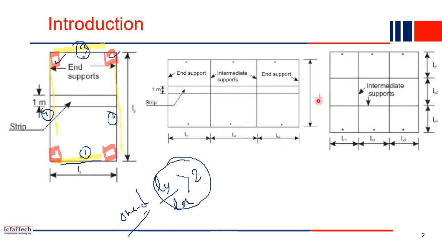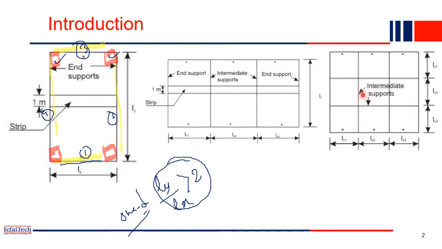So the design of each panel will have different criteria, because if you design this panel, this slab, this side is continuous, this side is continuous, whereas this side is not continuous, that side also not continuous. Similarly, if you consider this beam, here three sides are continuous. This side is continuous, this side also continuous, this side also continuous, whereas the left side is discontinuous. So each panel of the slab will have some properties.